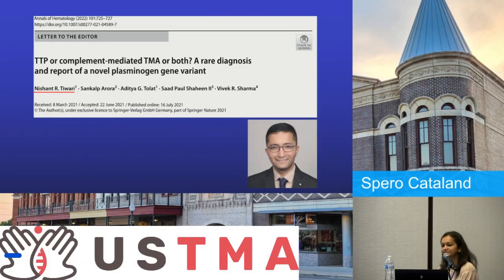How would I go about asking my hematologist, nephrologist, my whole team, my cardiologist, aside from sending them this article and saying, hey guys, do you think this would be me? I think the good way to start would be just asking them, can we do genetic testing? Usually the plasminogen gene is included in the gene panel that was sent.